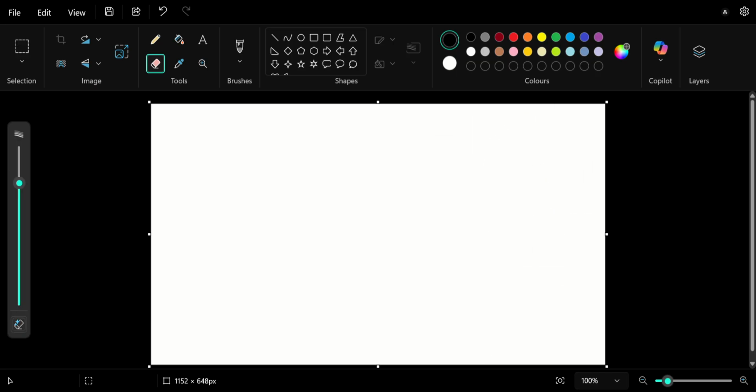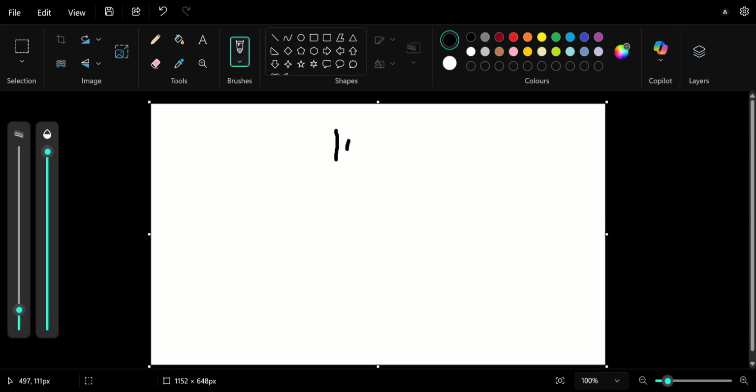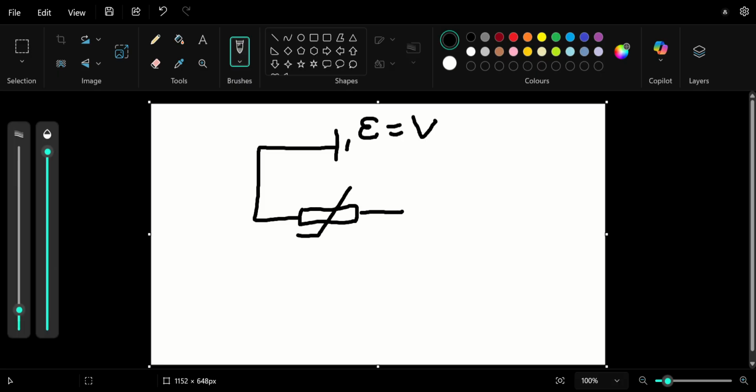For our second problem, we're going to be attempting another circuit. However, this time we do not know the EMF, we do not know the voltage from the cell, and we're using a thermistor this time. So here's our circuit.